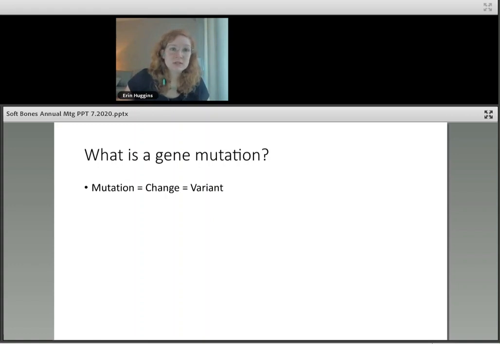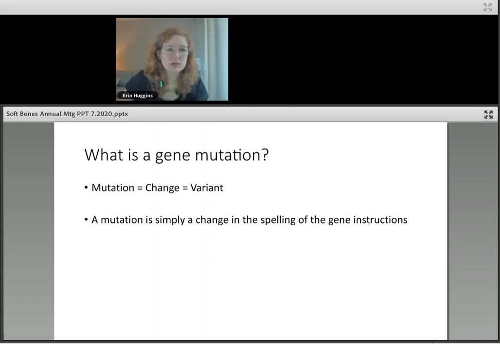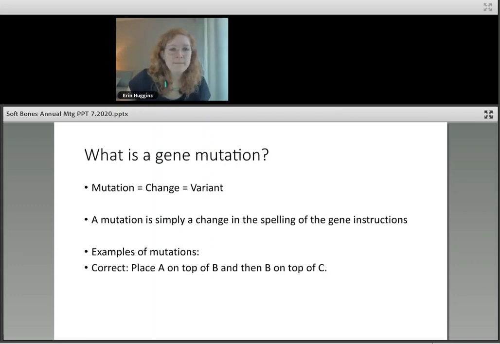Variant is also a term used, and they all mean the same thing, just a variation or a change in the gene. So simply a change of the instructions, and I've got a couple of examples of what that might look like. The correct instruction is place A on top of B, and then B on top of C. That's the instruction for how to make the ALP enzyme, for example.